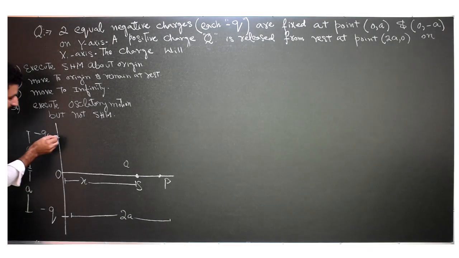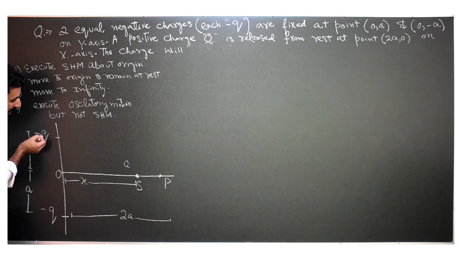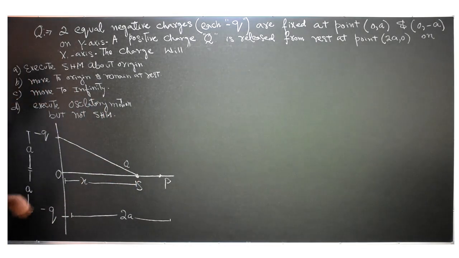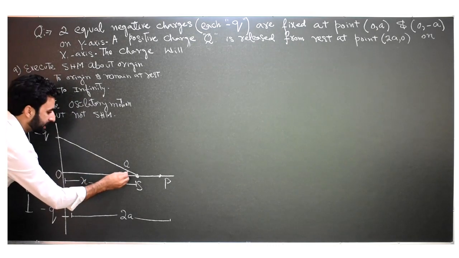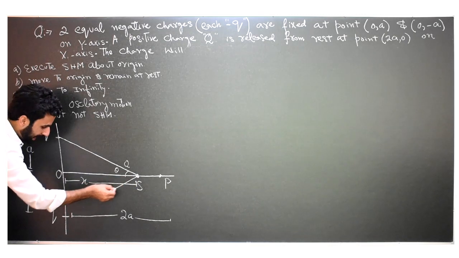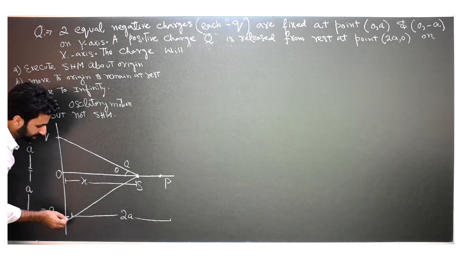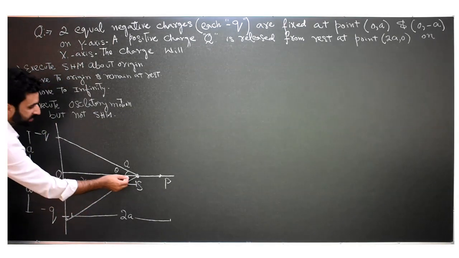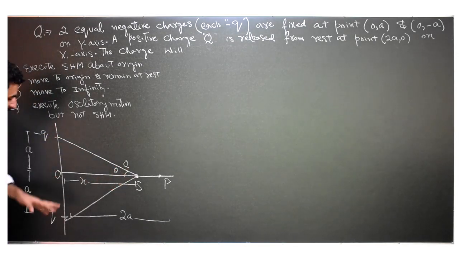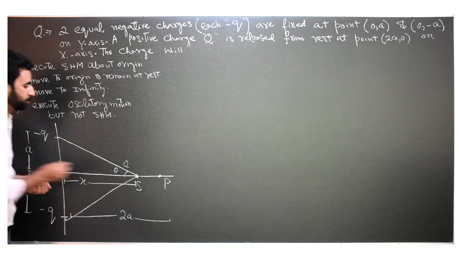Now, this minus q will attract this positive charge and let's call this angle theta. Similarly, this minus q will also attract this charge, and with the same distance this will be theta. So minus q will attract this plus Q, and this minus q will also attract this plus Q.